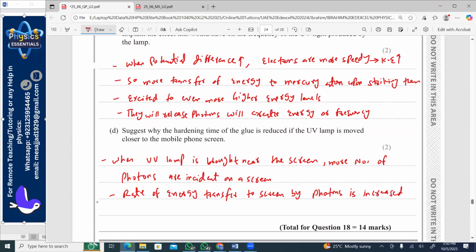When more energy is transferred in less time, it takes less time for the glue to harden.